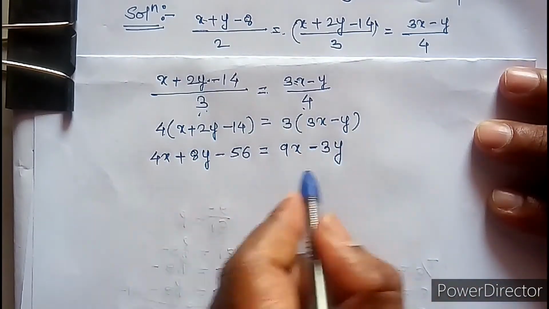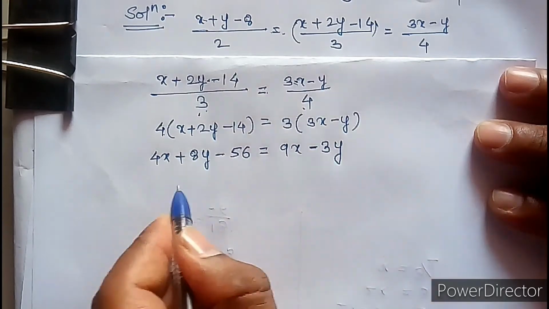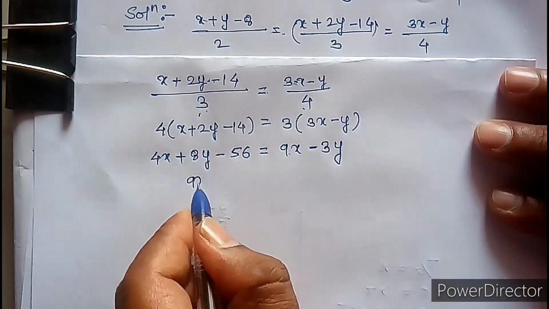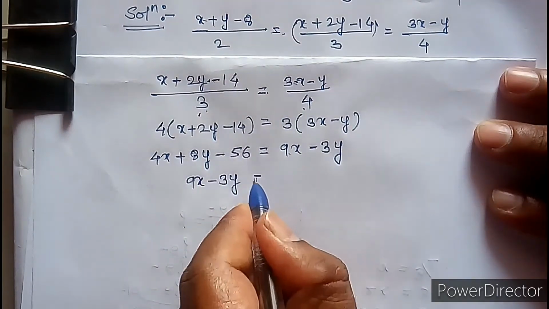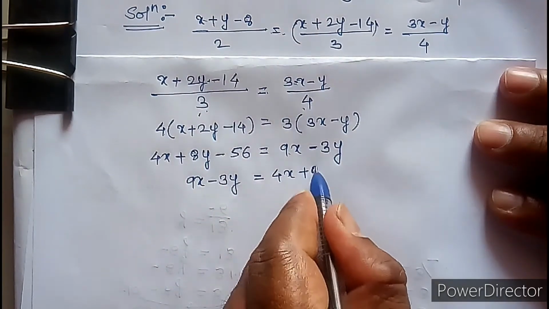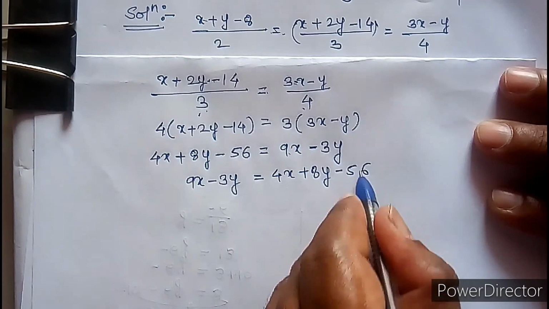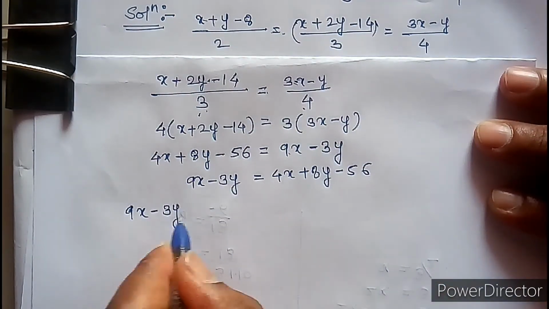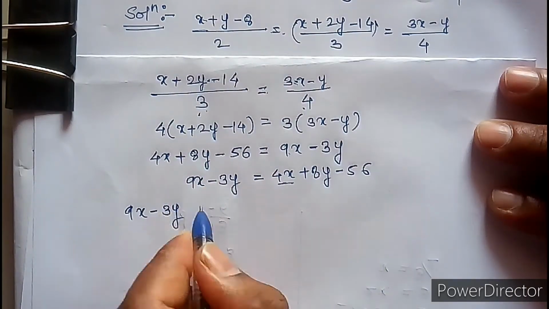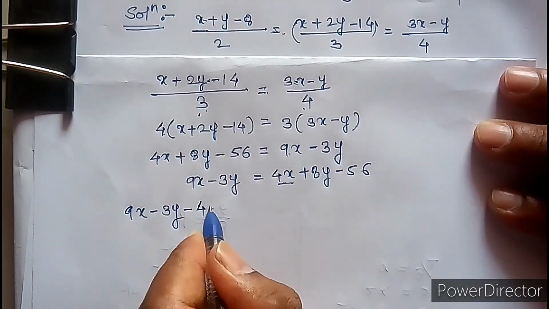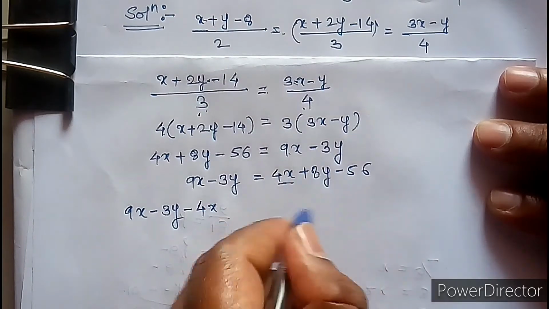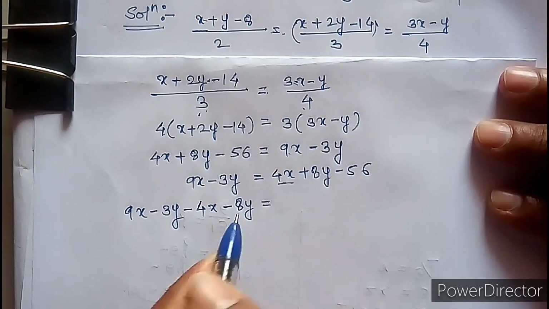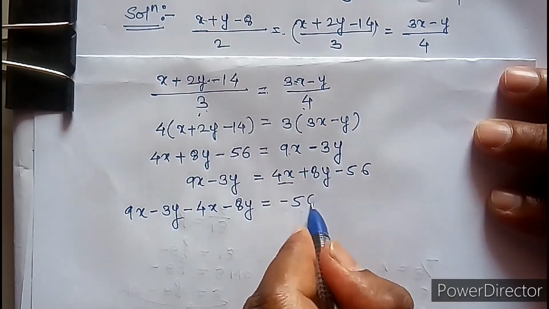Now on solving this, what we get, that is shift 9x minus 3y on left side and interchange of sides, that is 9x minus 3y equals to 4x plus 8y minus 56. Now here 9x minus 3y, now 4x will be shifted on left side, it becomes minus 4x plus 8y, on shifting it becomes minus 8y equals to minus of 56.